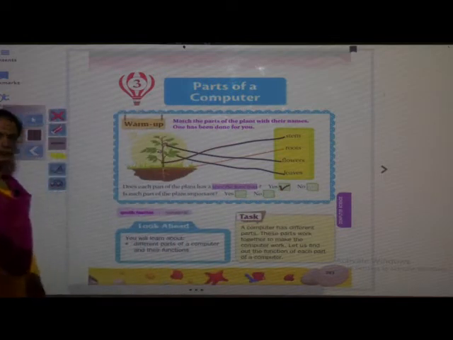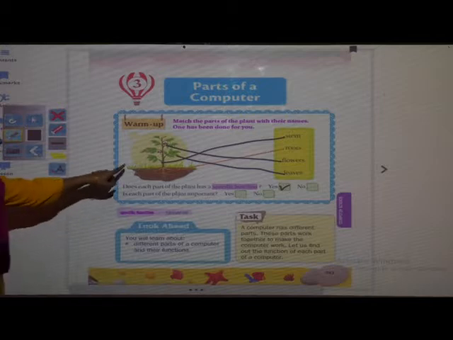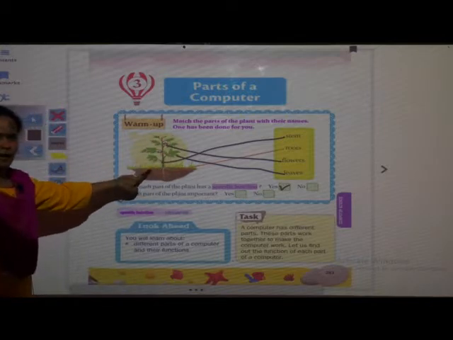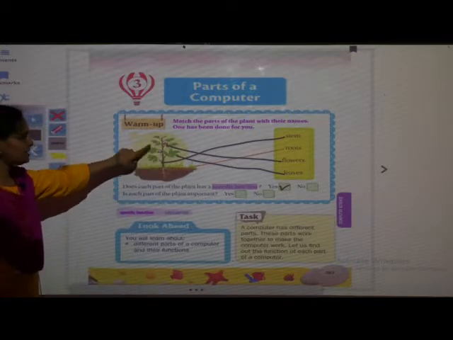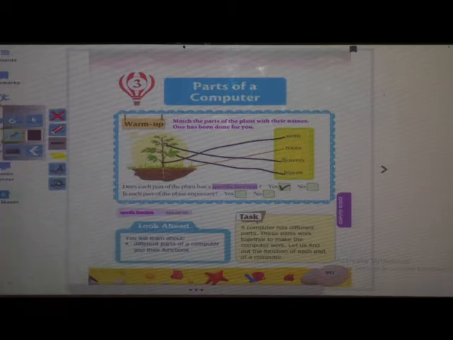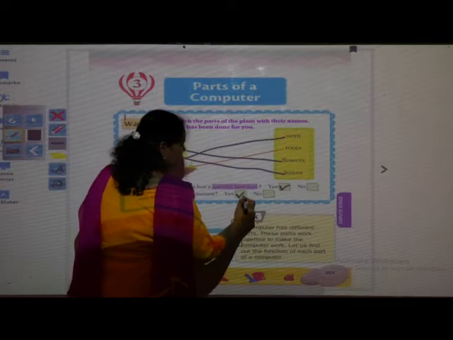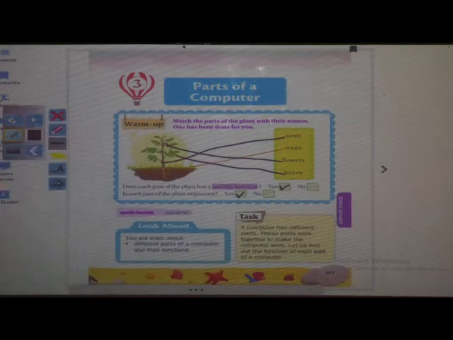And the next question is, is each part of a plant important? As you have seen, there are parts of a plant. Is each part important? Yes, it is important. So you have to tick yes.